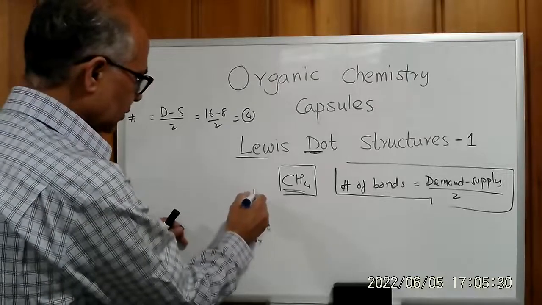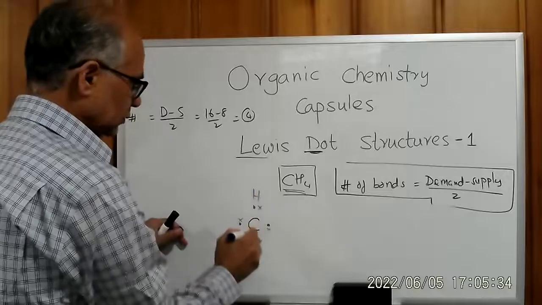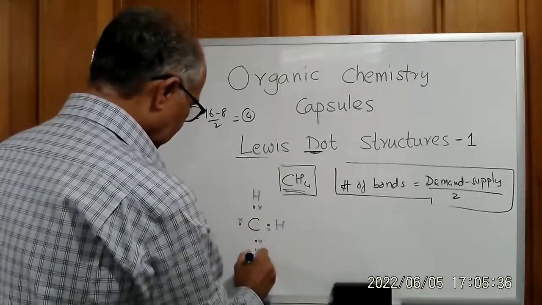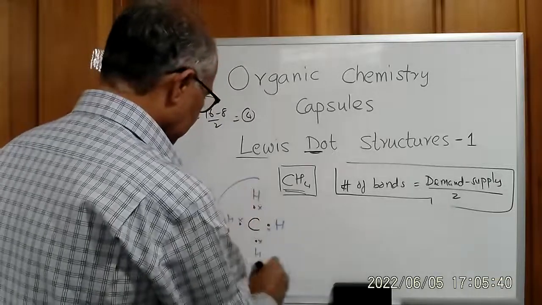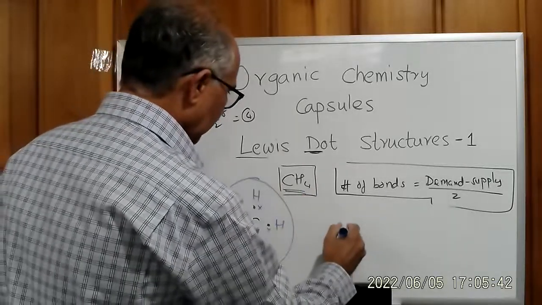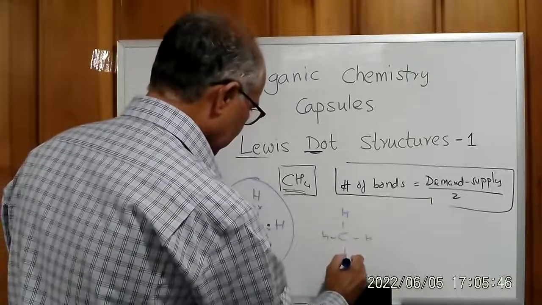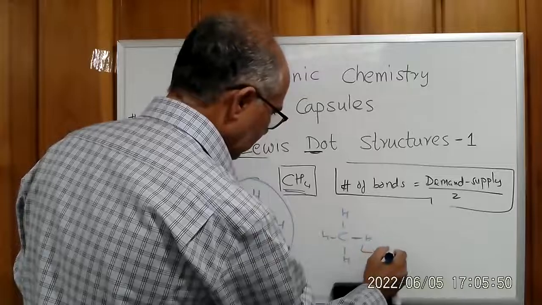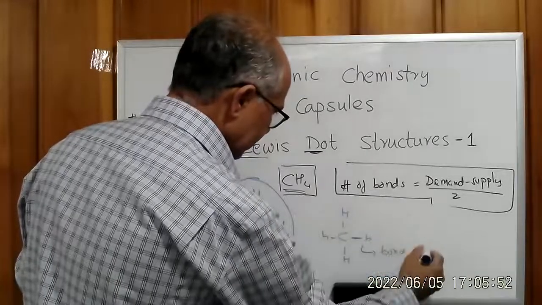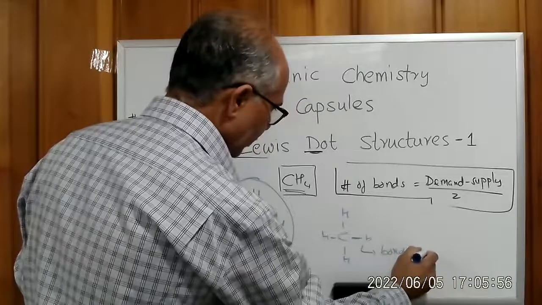Each hydrogen atom brings in 1 electron, so carbon forms 1 bond with each hydrogen. This is the Lewis dot structure of methane, which can be simplified to this structure, where this line represents a bond with 2 electrons, called the bond pair, as opposed to a lone pair, which we'll see later.